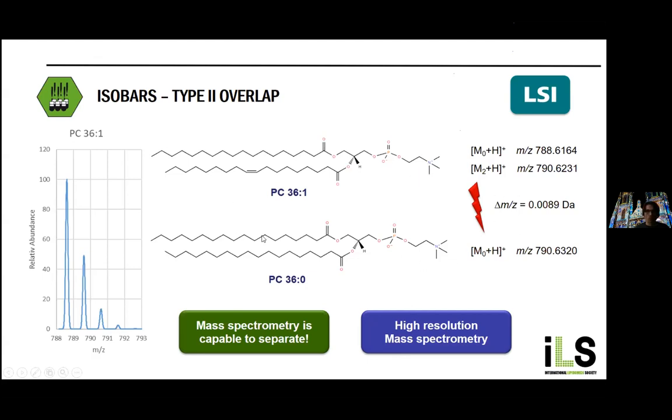TOF analyzers usually also cannot discriminate that. You need Orbitraps or higher mass resolution to really solve that type of overlap. And clearly, it's necessary to get some correction or differentiation of that type of overlap. Otherwise, you have huge false misidentification and also misquantification of some peaks.